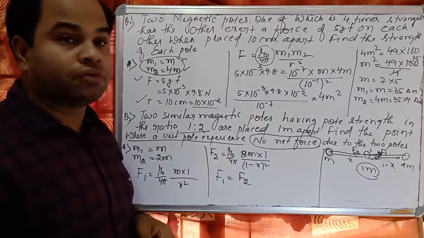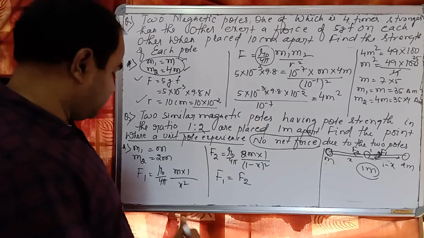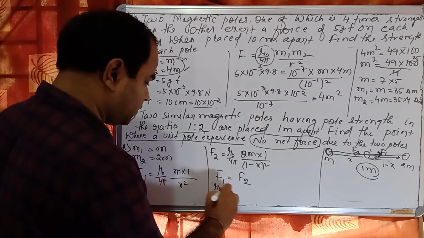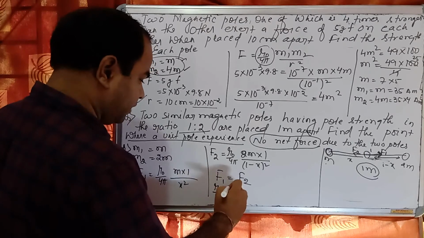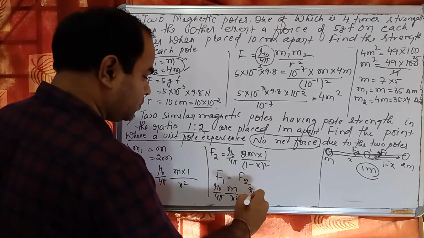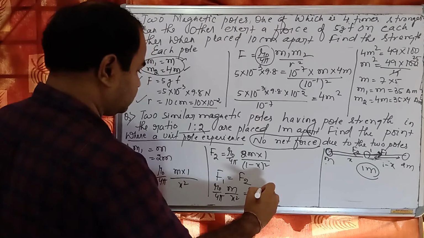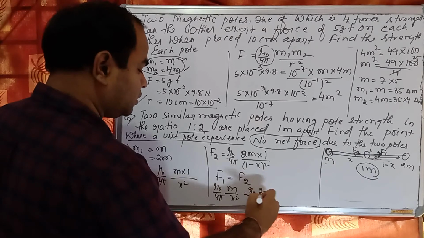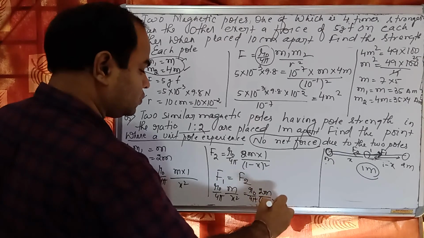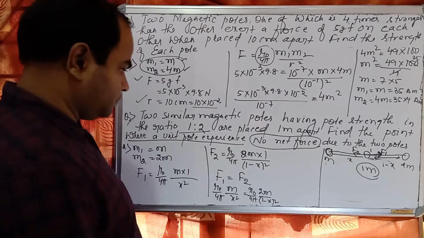So F1 is mu naught by 4 pi m by x square, equal to mu naught by 4 pi, 2m by (1 minus x) whole square. Okay.